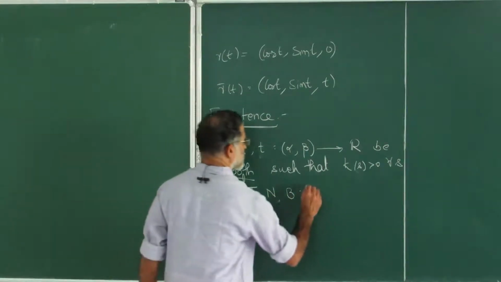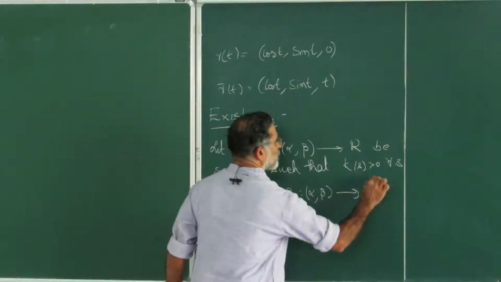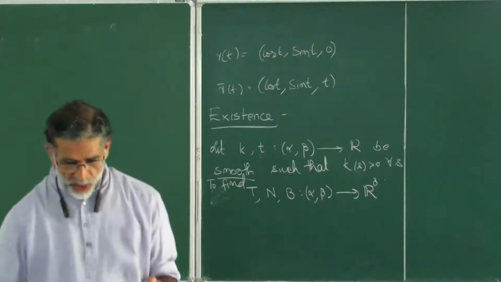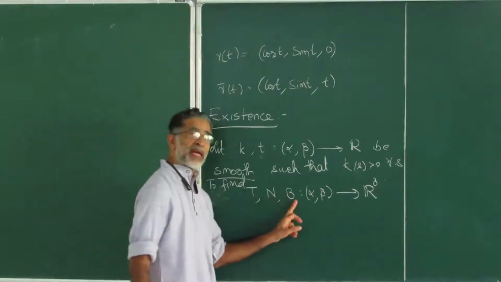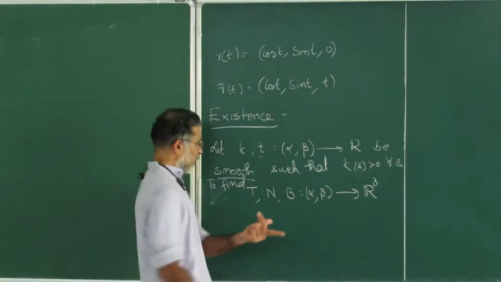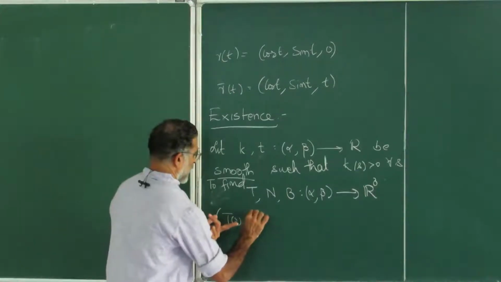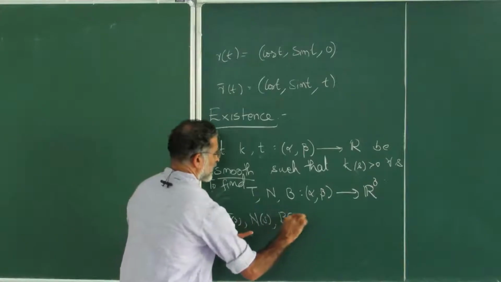So to find this smooth function into R3, at every point S you have T(S), N(S), B(S).